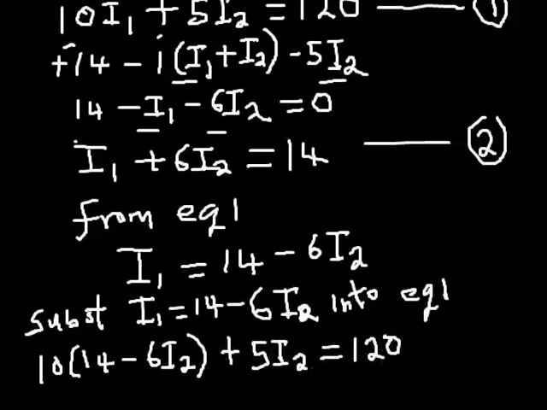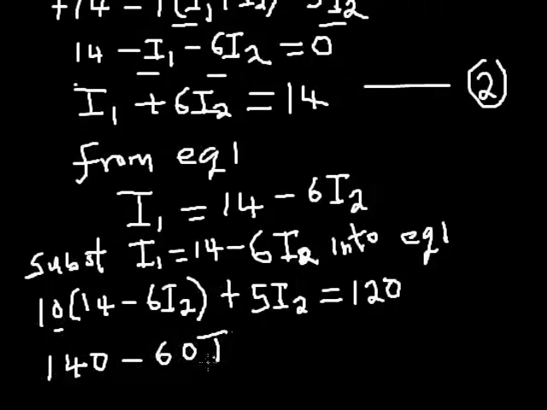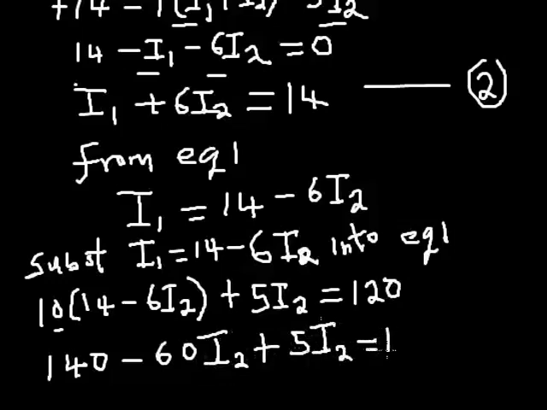All right, so let's work on this. This is going to give me 10 multiplied by 14, that's going to be 140, then minus 60I2, plus 5I2 is equal to 120.